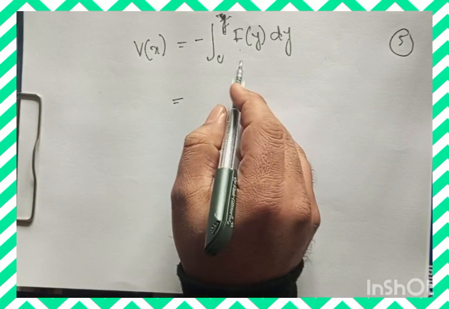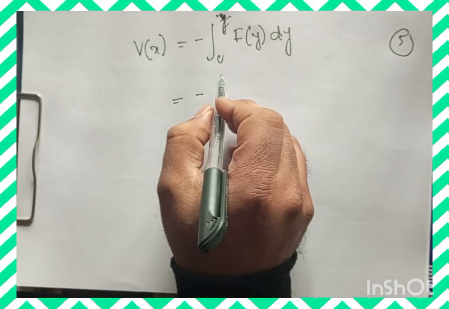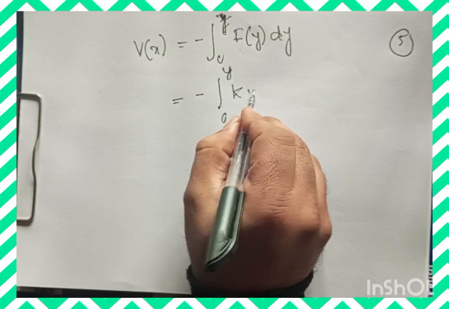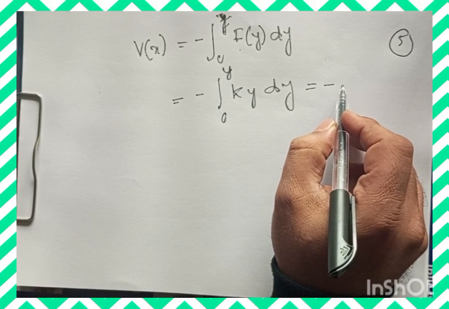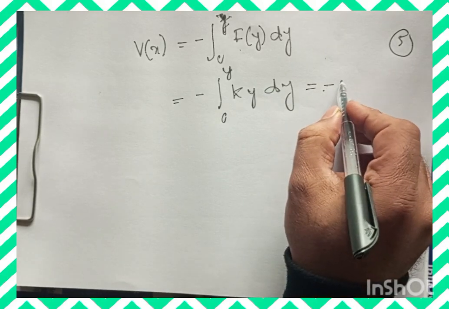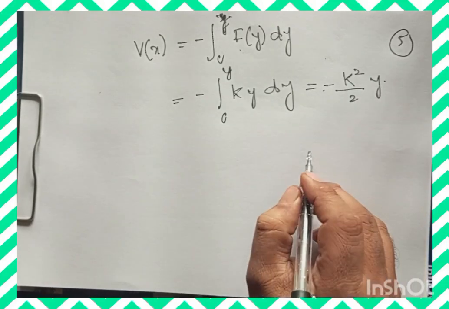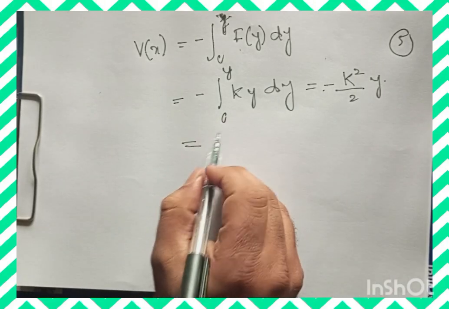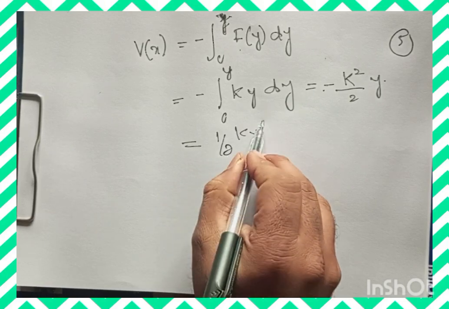So it's minus the integral from 0 to y, and for f of y I can think of ky, then dy, and what I get out of it is minus k by 2 times y square. So, writing down the magnitude of this potential energy, it is going to be 1 by 2 ky square.